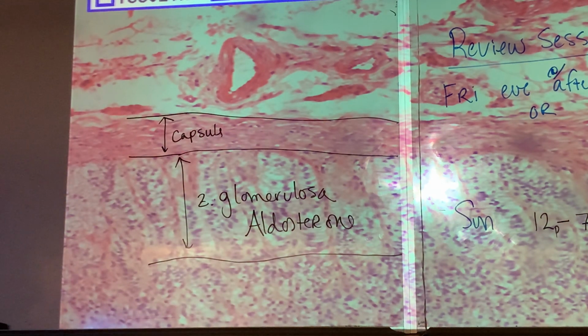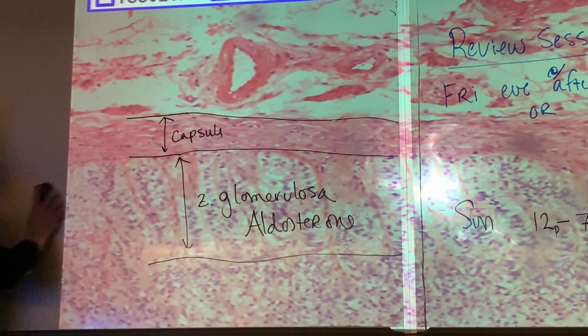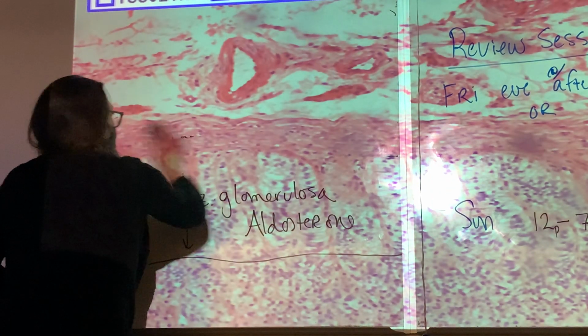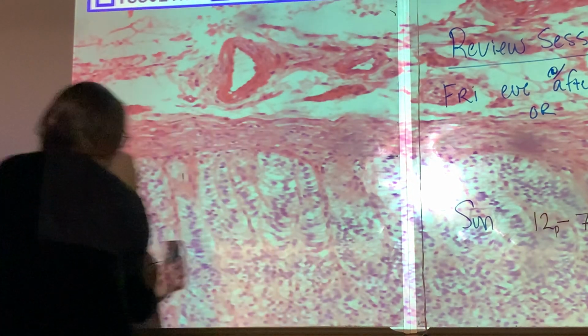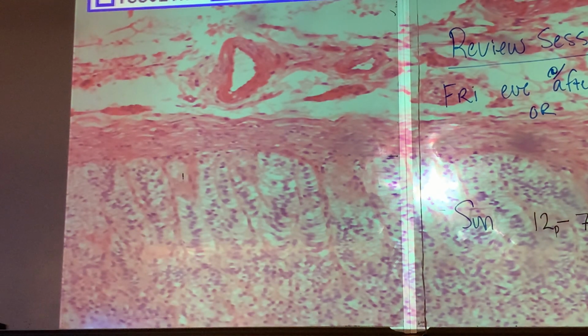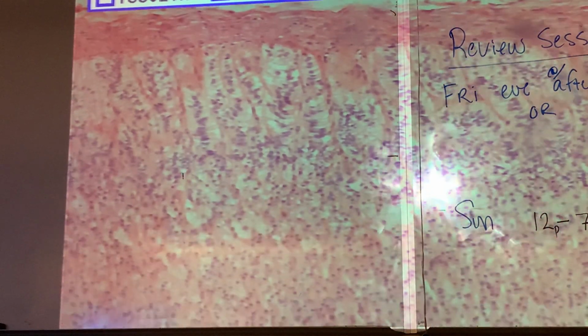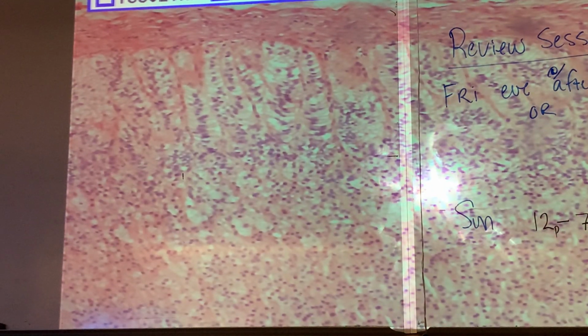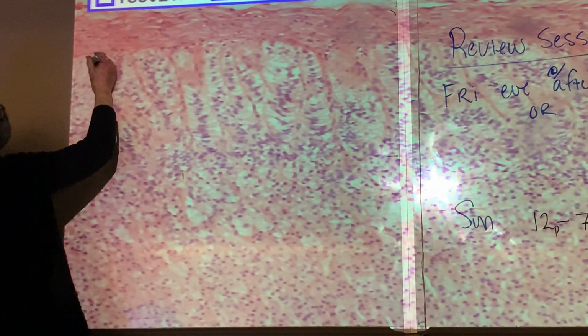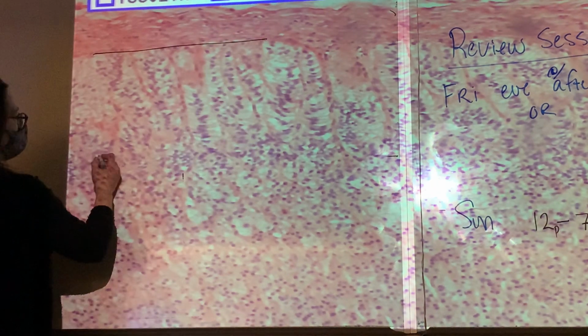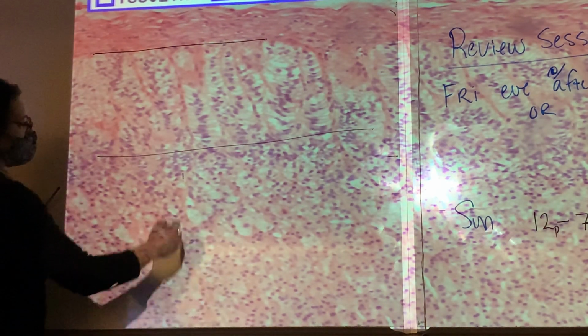Okay. And then we'll scoot it up in a second. I'm gonna erase that. Capsule, zona glomerulosa, and then this is all fasciculata in here.